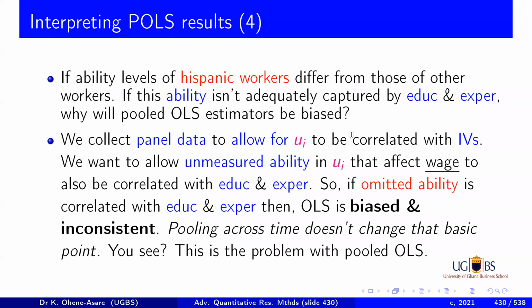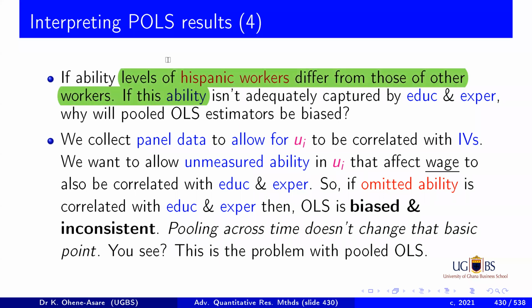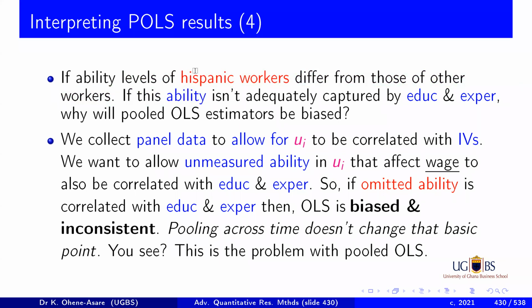He indicated that if the ability of a particular worker, let's say a Hispanic worker, if that Hispanic worker has some special ability, let's say he can speak some Spanish, which another worker cannot speak, when they have to be taken to Mexico to go and do something, and this person has a special ability that differs from those of the other workers, now this ability has to be adequately captured in education and experience.